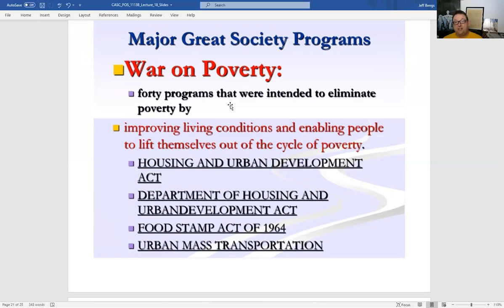But LBJ's single platform on the war on poverty had 40 programs that were designed to, again, improve living conditions, but also to help people lift themselves out of the cycle of poverty. It wasn't government trying to do it for the people. These things were designed to assist people in doing it themselves.